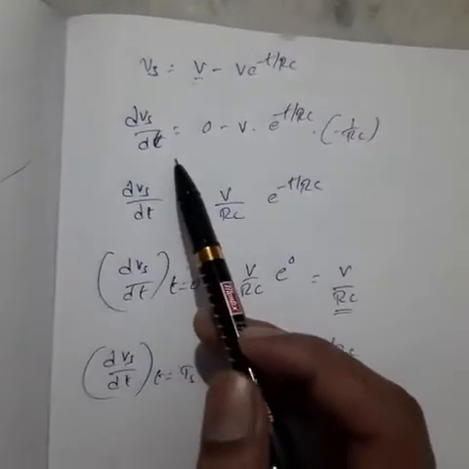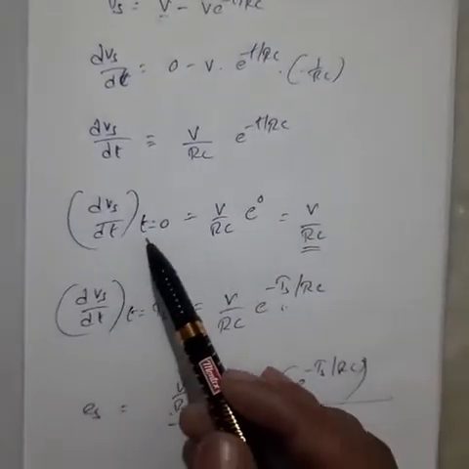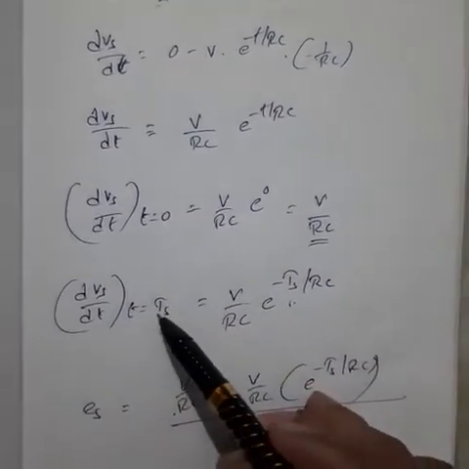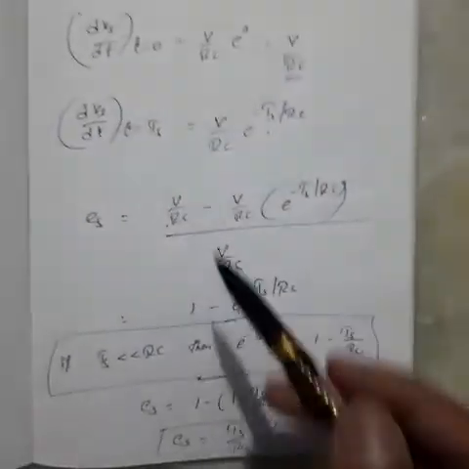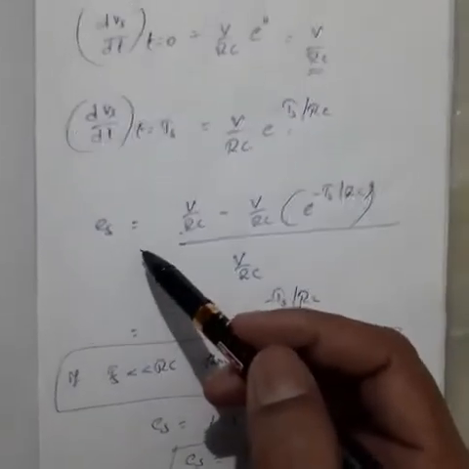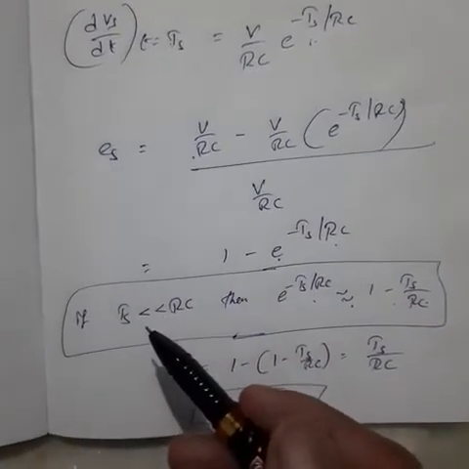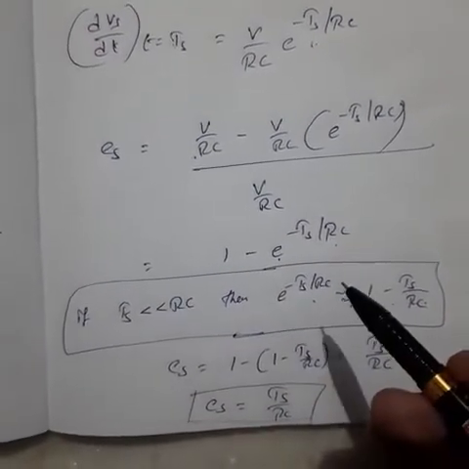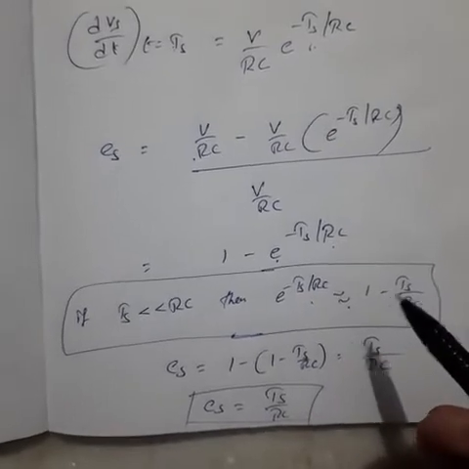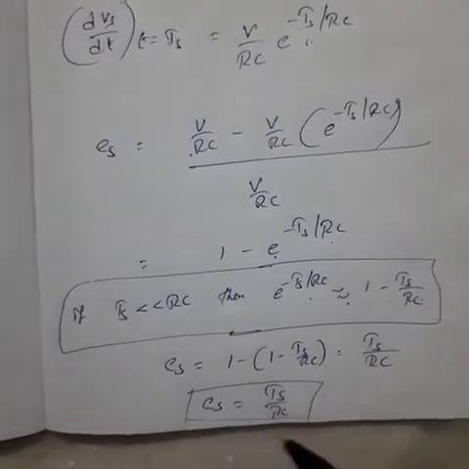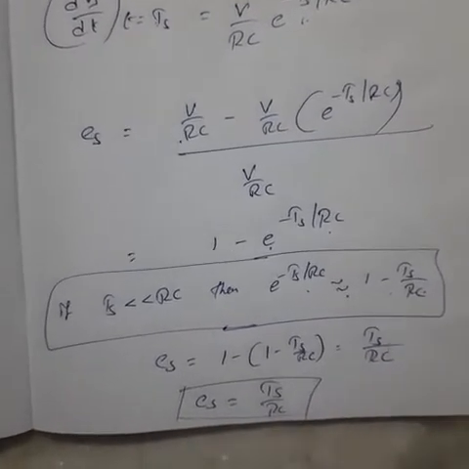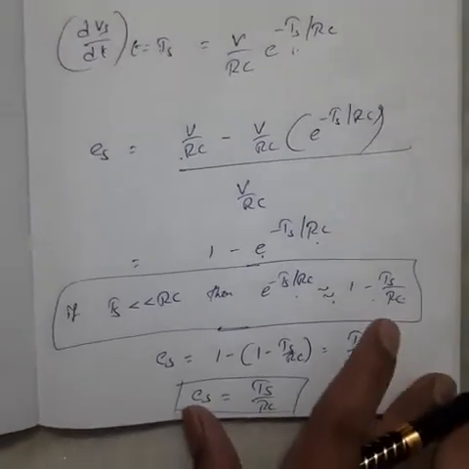After that, differentiate with respect to t, then apply the initial and final conditions. Substitute these two equations in the basic formula, then apply the condition: if ts is very much less than RC, e power minus ts by RC can be written as 1 minus ts by RC. Then finally we get Es equals ts by RC.